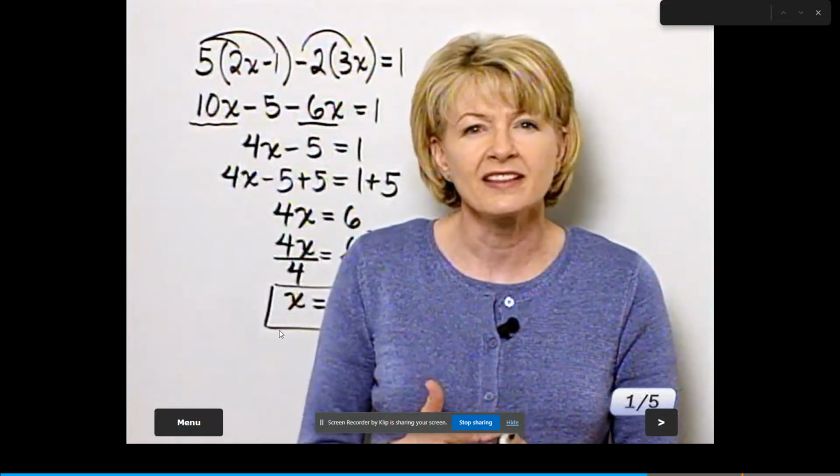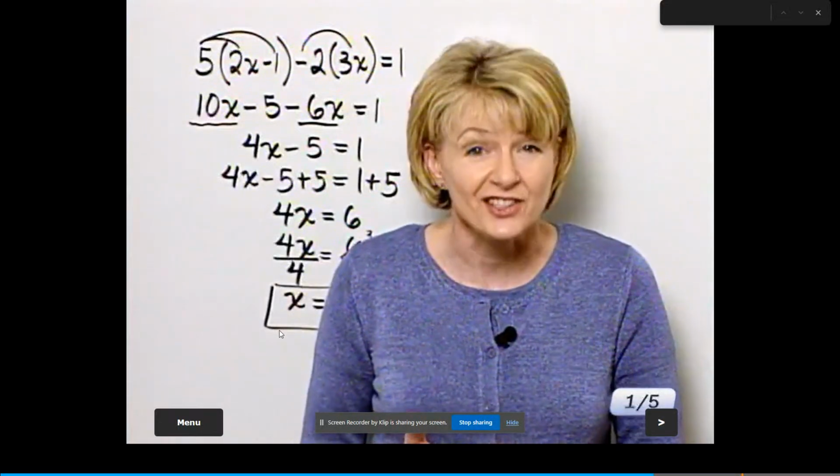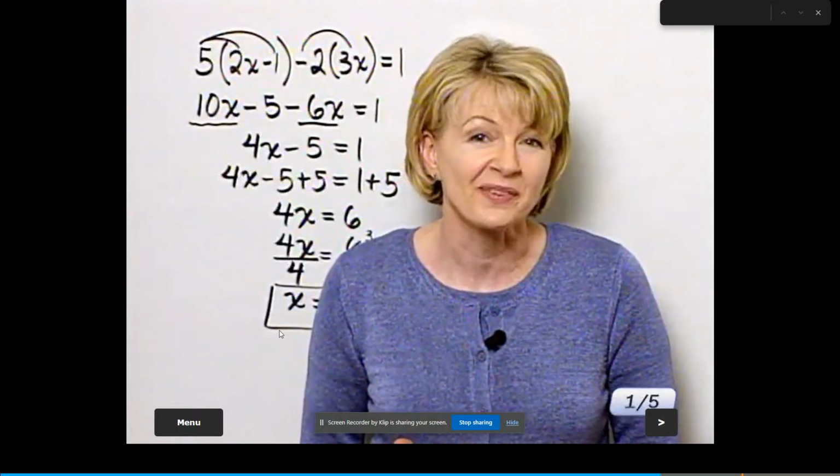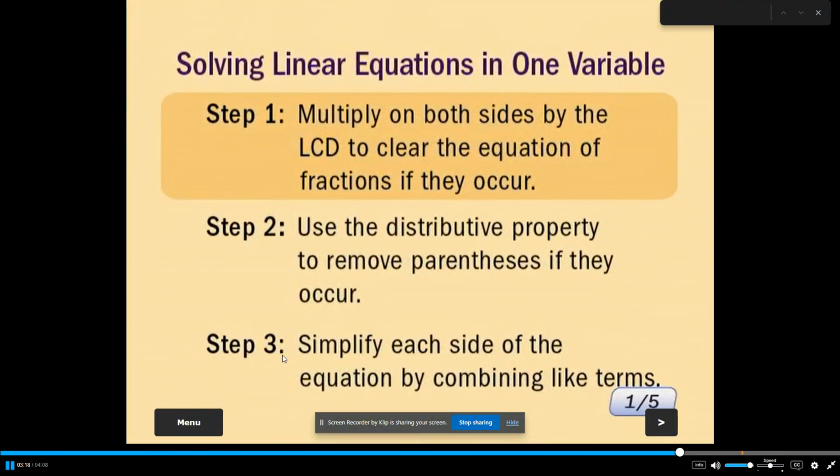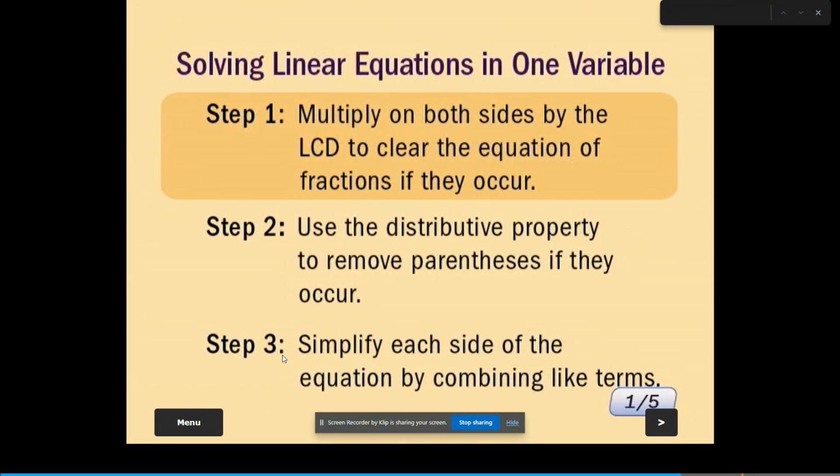So let's keep these things in mind, and let's look at a general strategy for solving linear equations. Step 1, multiply on both sides by the LCD, least common denominator, to clear the equation of fractions if they occur. Step 2, use the distributive property to remove parentheses if they occur.